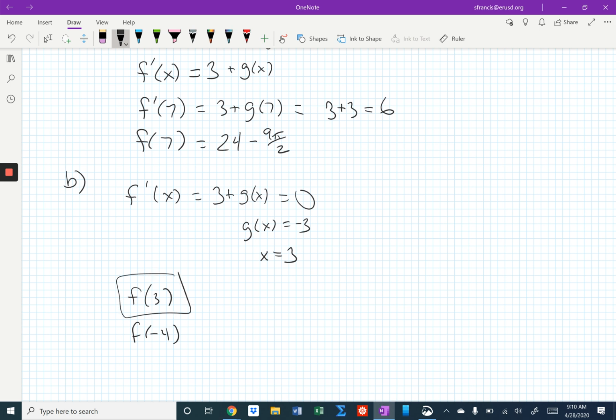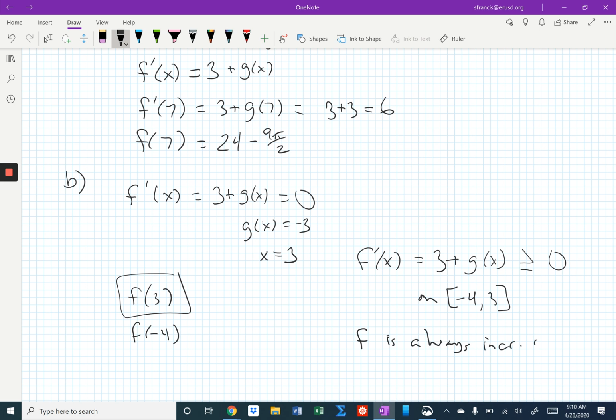But notice something here: since f prime of x is 3 plus g, this is going to be greater than or equal to 0 on the entire interval from -4 to 3. And the only time it actually equals 0 is at 3, which means that f is always increasing on [-4, 3].